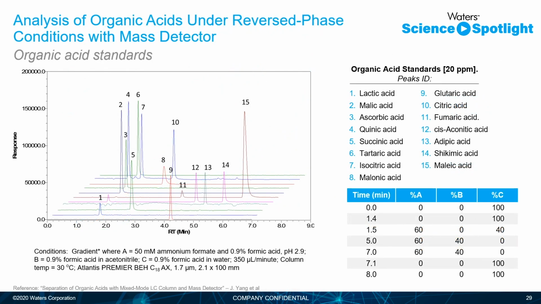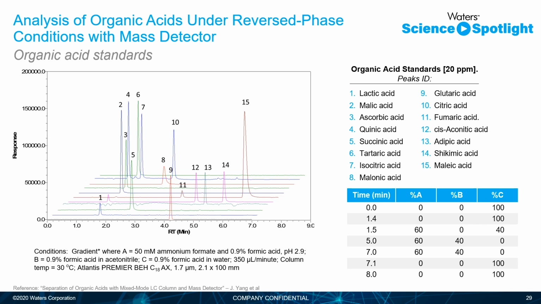And here's an example of utilizing this stationary phase in a real-world separation example. This is the analysis of organic acids under reverse phase conditions using a mass detector. Separation of organic acids can be typically challenging. Often they're using maybe ion exchange chromatography, and those runs can take somewhere in the order of an hour to an hour and a half to separate out these types of analytes.